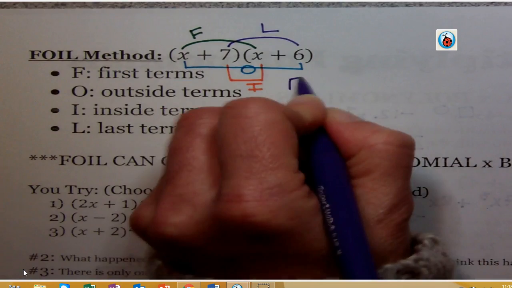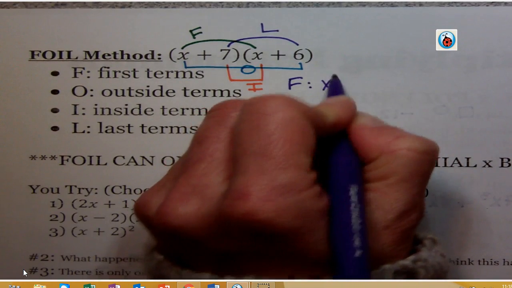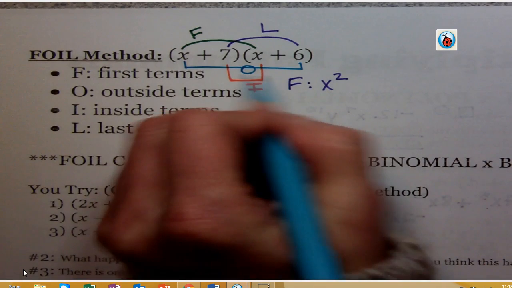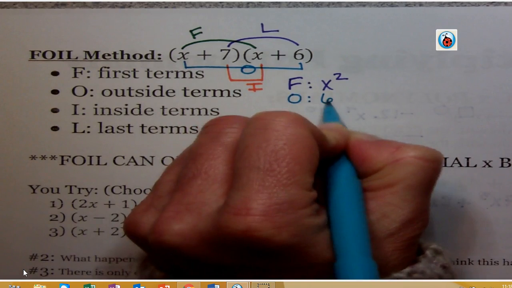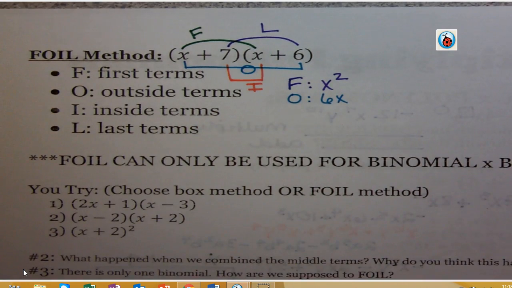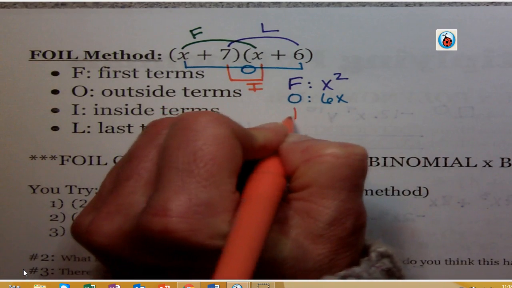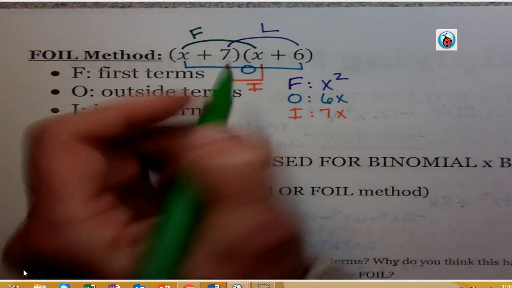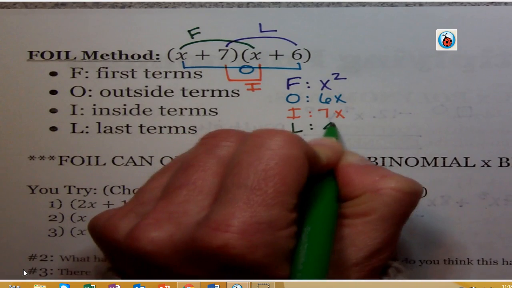So the first term, when I multiply x times x, I get x squared. When I multiply x times 6, I get 6x. When I multiply 7 times x, I get 7x. And when I multiply the last, I get 42.